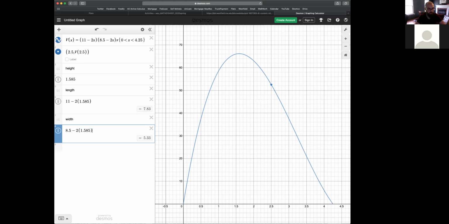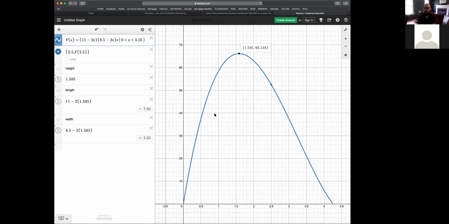So something like this. All right, so it seems like if I'm going to make the largest possible box out of these materials, I would have a length of about 7.83 inches, a width of 5.33 inches, and then a height of 1.585 inches, right? And so that's the biggest, largest box that we could create.